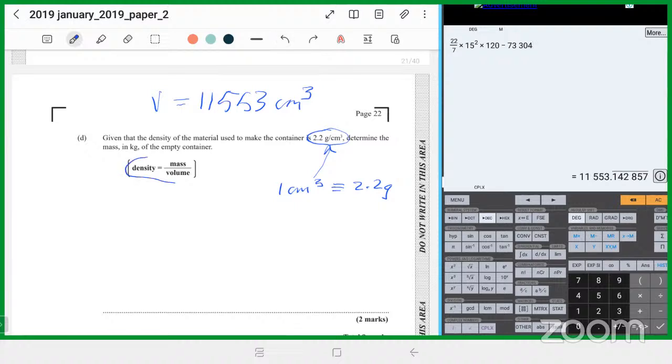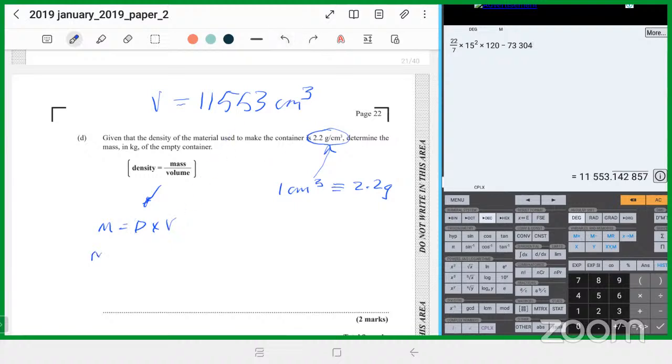So if density is mass over volume and the density is 2.2, if you transpose the volume over here, based on this formula that they gave us, the mass is going to be equal to the density times the volume. D for density times volume. The mass is going to be the density, which is the 2.2, times the volume, which is this.